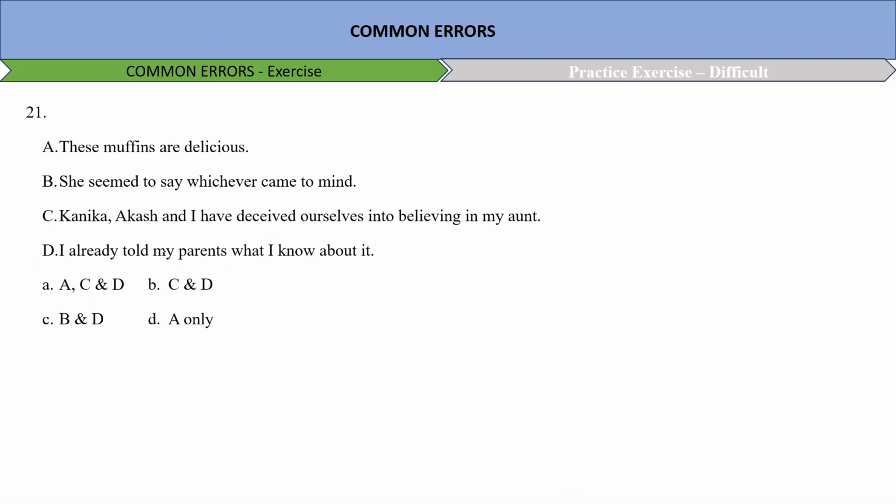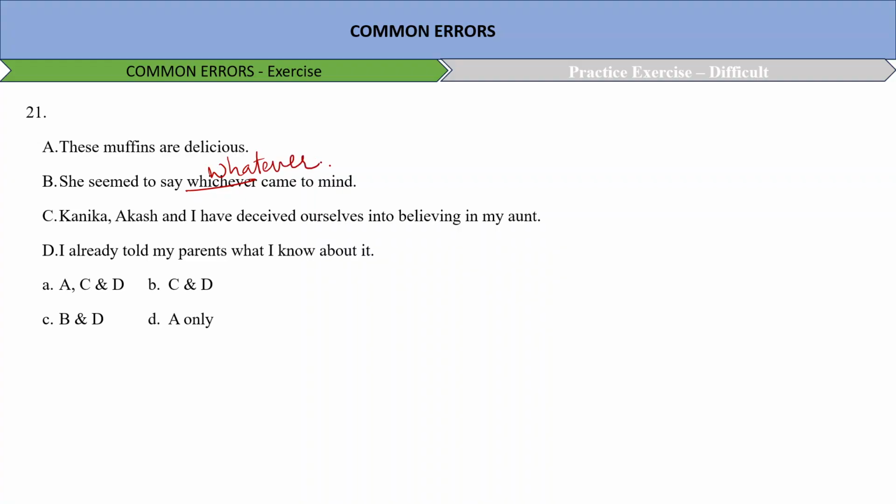Next question. These muffins are delicious. Sounds correct, right? He seemed to say whichever came to mind. Not whichever, because we are talking about a person, no?